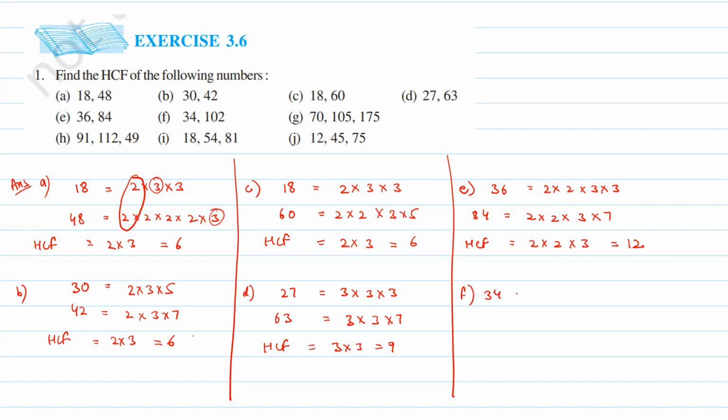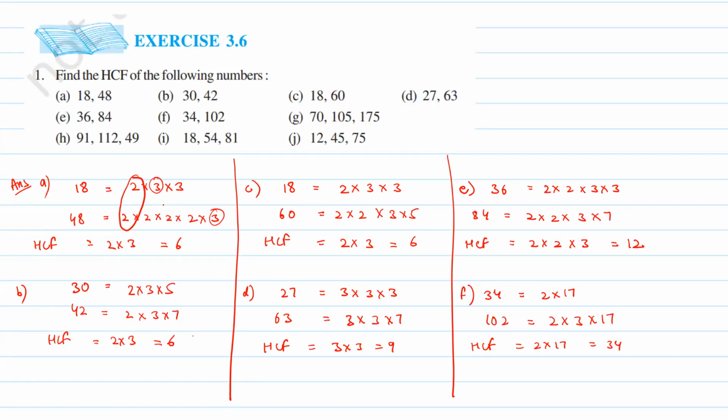F part, 34 can be written as 2 into 17. And 102 can be written as 2 into 3 into 17. So HCF is 2 into 17, which is 34.